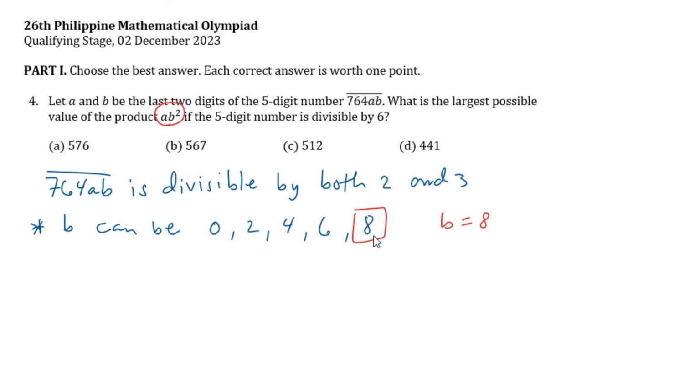Now, since 764AB is also divisible by 3, we know that the sum of its digits is divisible by 3. That is 7 plus 6 plus 4 plus A plus B is divisible by 3.